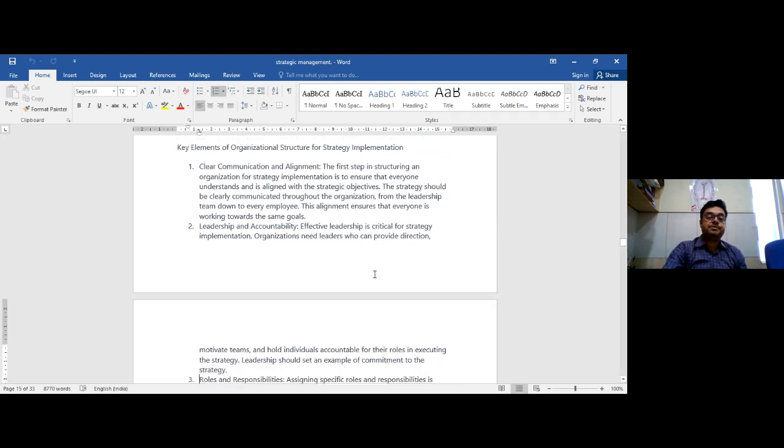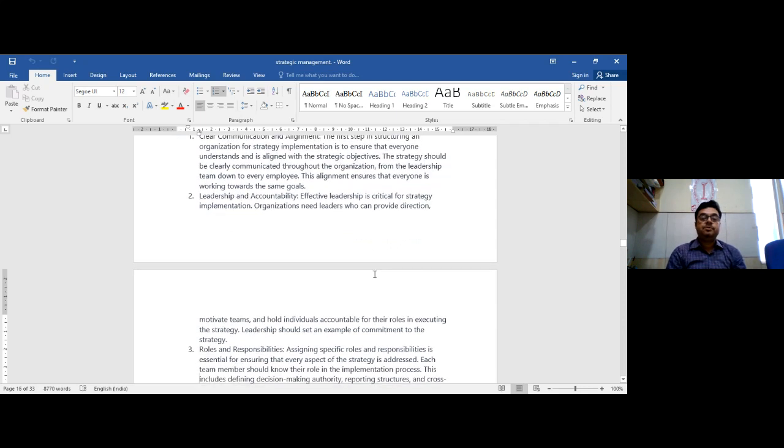Organizations need leaders who can provide the direction, motivate teams, and also help individuals for their roles.